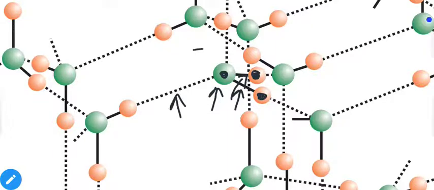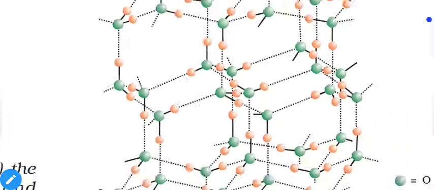One is mentioned here and one is mentioned here. So this oxygen is surrounded by four hydrogens, and all of these four hydrogens present around the oxygen are in a tetrahedral manner, and that's why it gives us a diamond-like shape or diamond-like network solid.